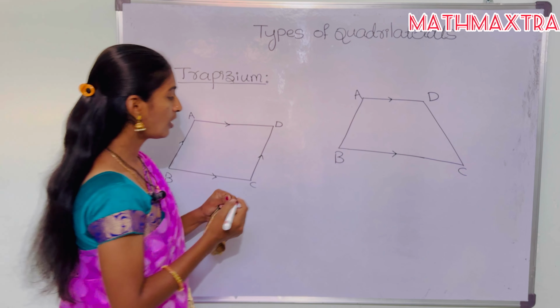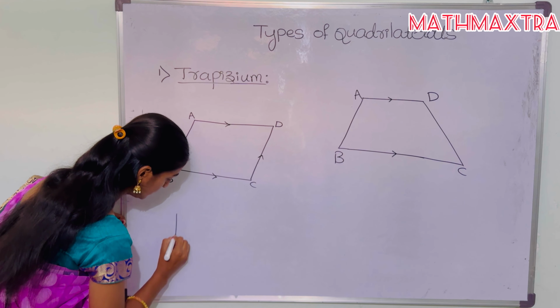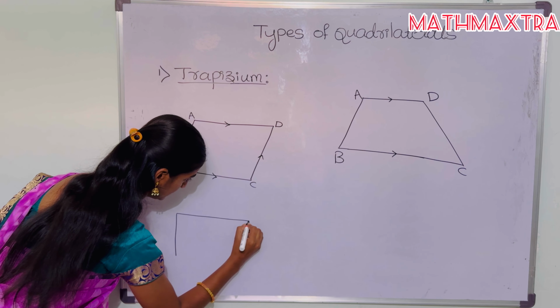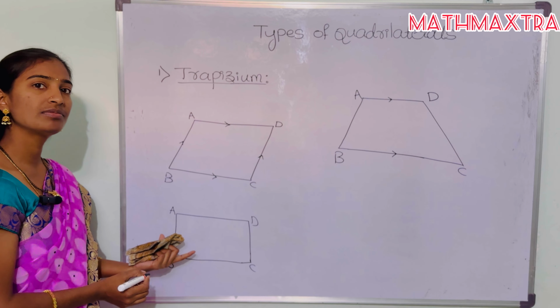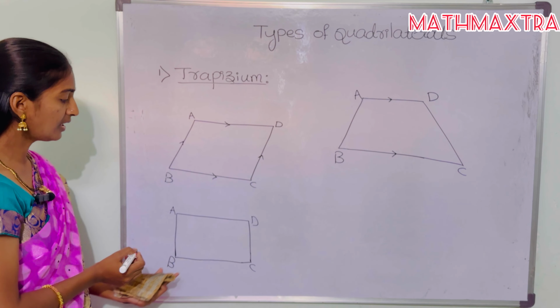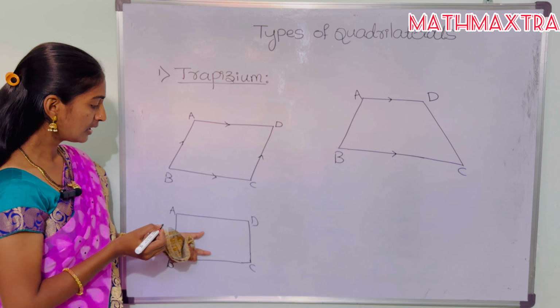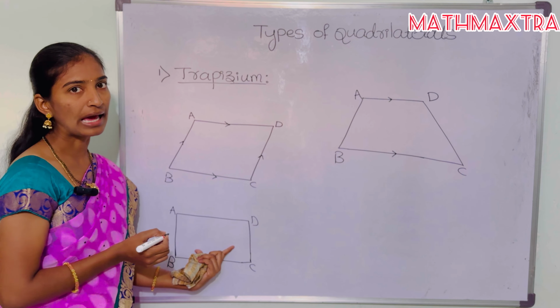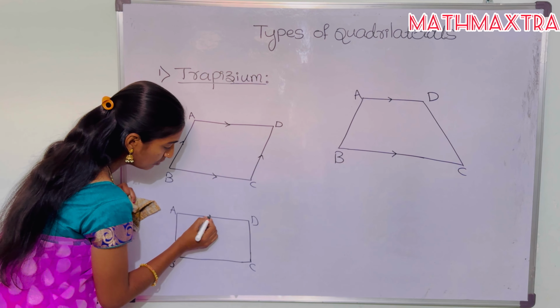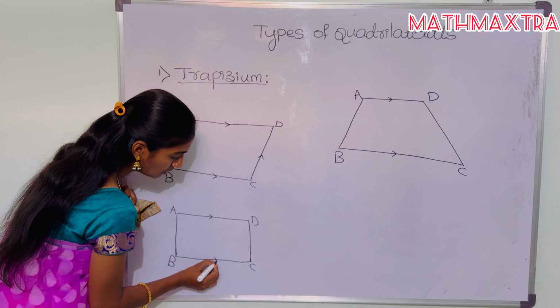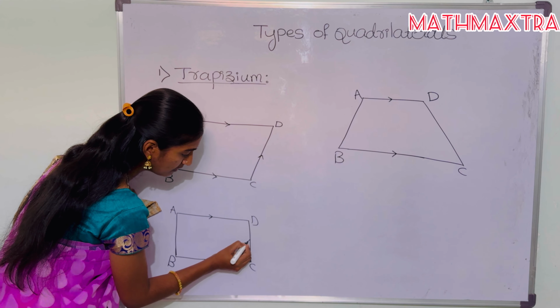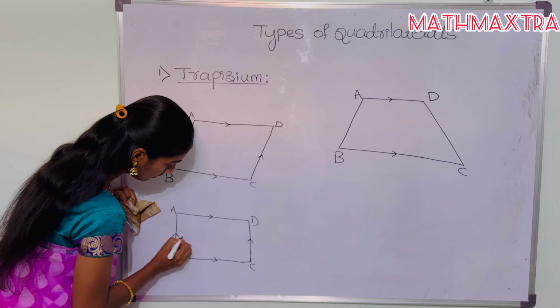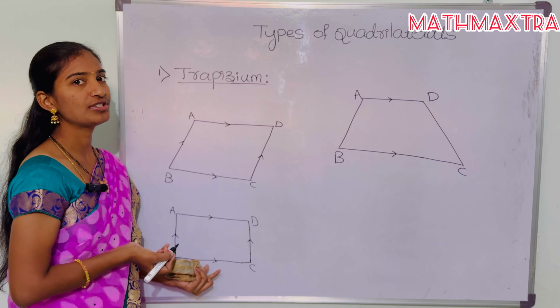Yes. Now, is this a trapezium? Yes, in the rectangle, we know very well that the opposite sides are always parallel. So we don't need anything else. We have only one condition, that one pair of opposite sides are parallel.